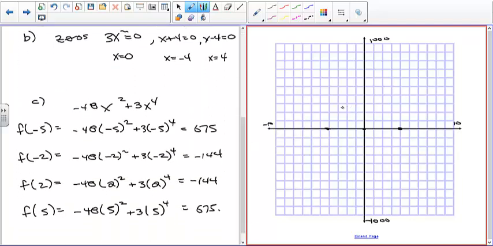So negative 5 is 675. So this is 100, 200, 300, 400, 500, 675. Same way over here. And then at negative 2, it's negative 144. So it's 100, 200, so negative 144 is about right there.